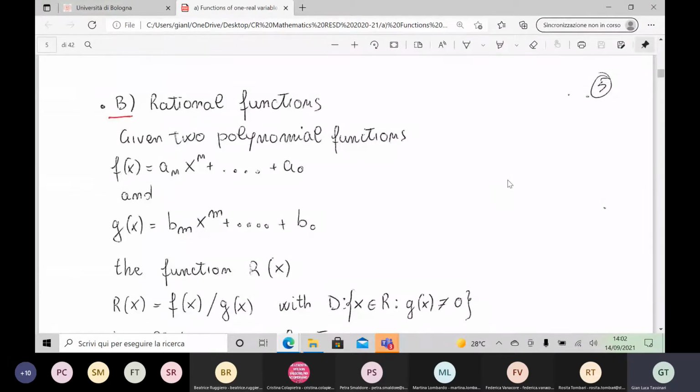Then we saw other special polynomial functions called power functions. And we saw 2 different cases, the case in which the integer exponent is even and the case in which the exponent is integer, obviously, but odd.